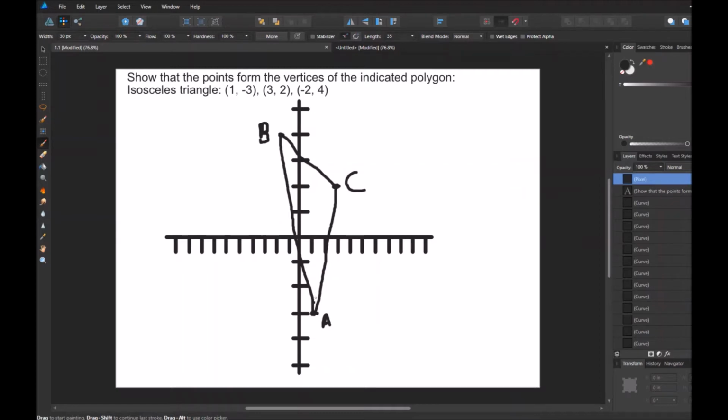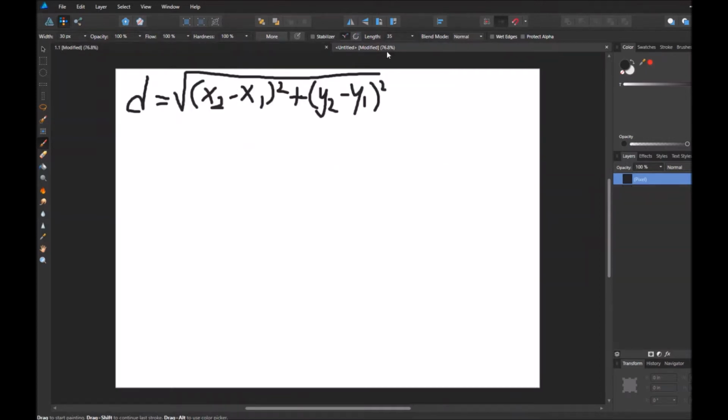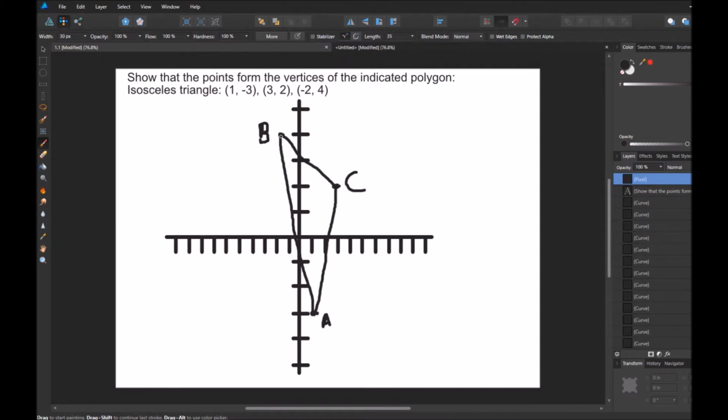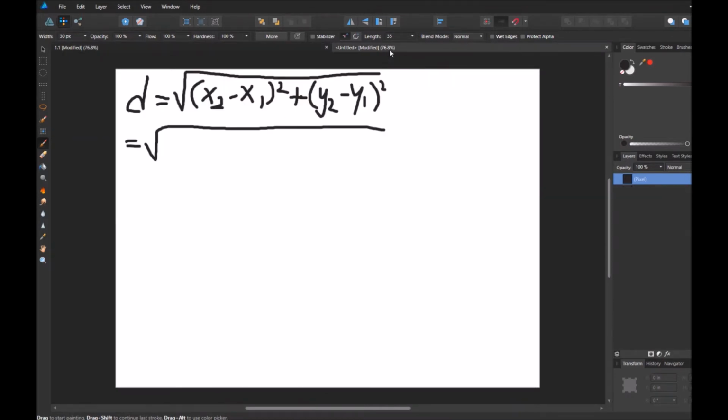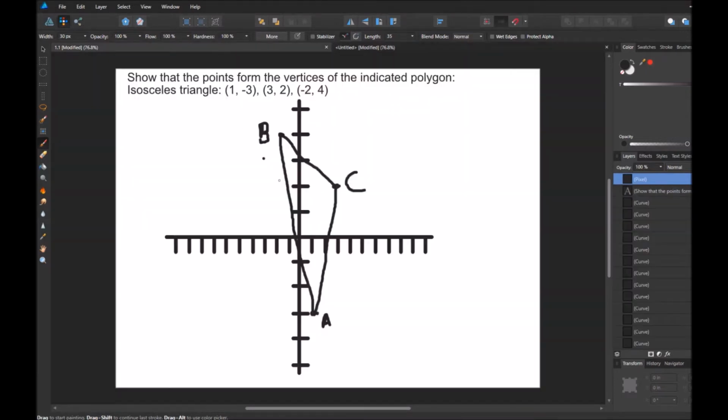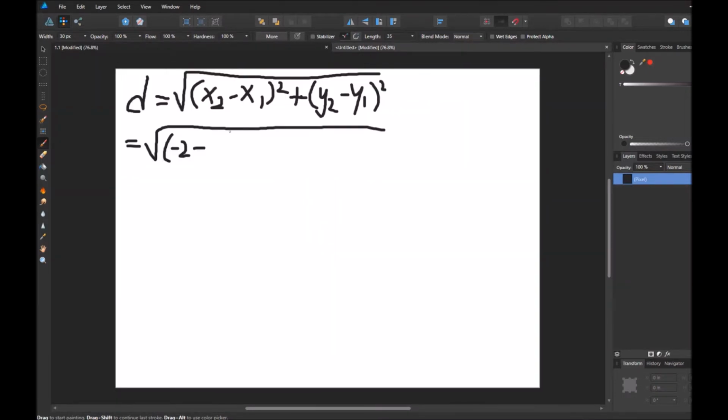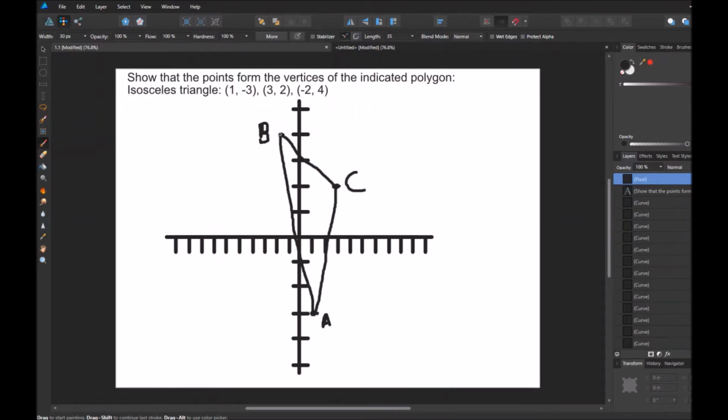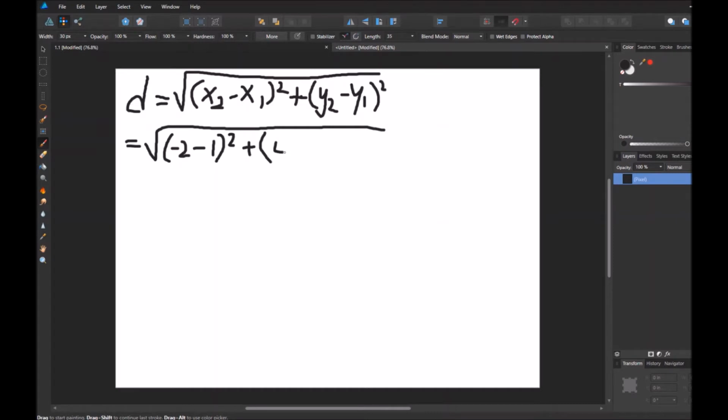So let's first find the distance between point A and point B. So we've already got the distance formula set up here, and our x2 is going to be negative 2, I'm sorry, our x2 is going to be negative 2 minus our x1, which is 1, and that's going to be squared, and that's going to be plus our y2, which is 4, minus our y1, which is negative 3.